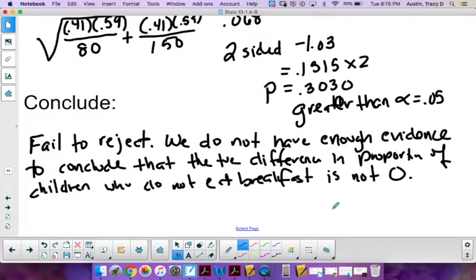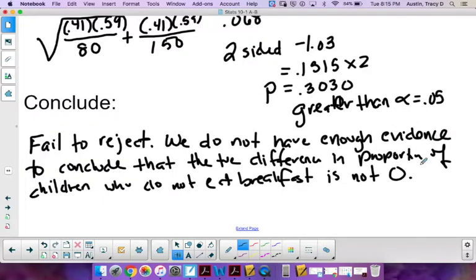Now, if something is not 0, that means there's an actual difference between them, right? I've seen people phrase it that way, and they didn't get dinged. They basically said, we do not have enough evidence to conclude that there is a difference in the true proportion, because if something is not equal to 0, that actually means there is a difference.